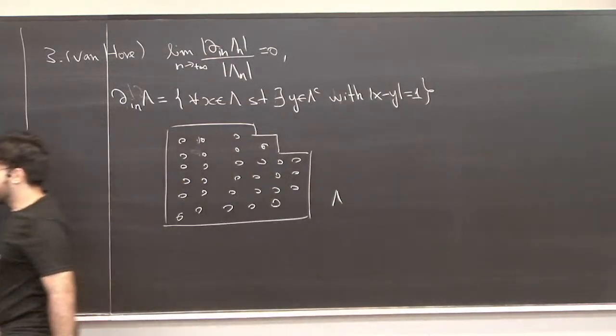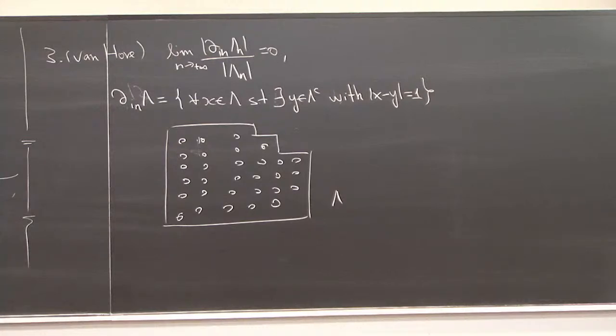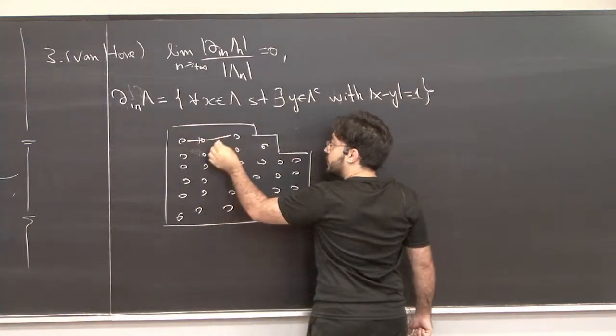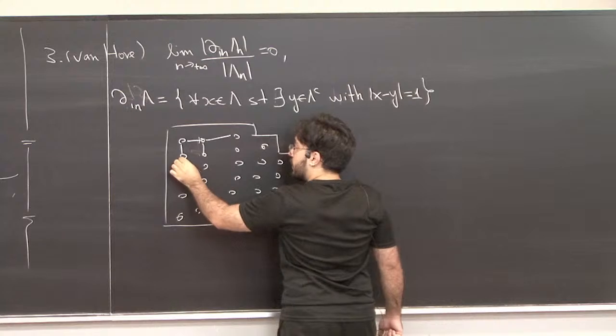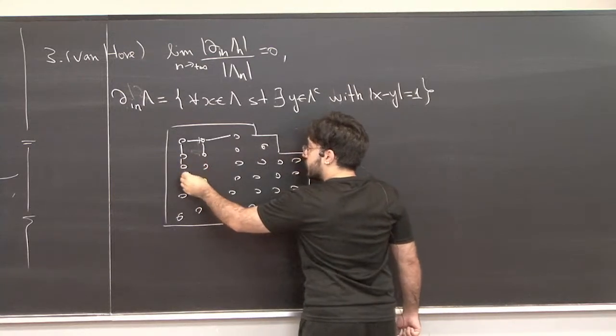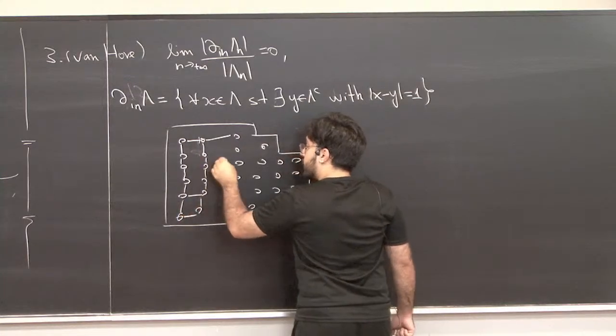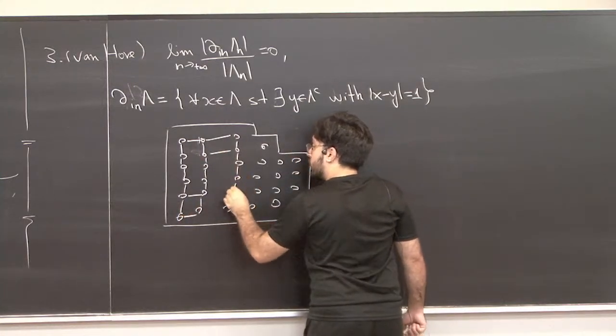So what is the boundary? I remember that Z^d has the structure of a graph where I put an edge between every vertex that are nearest neighbors. So I actually have a grid like this.